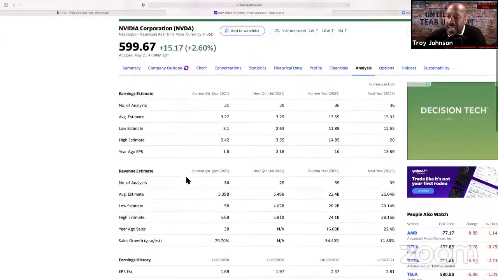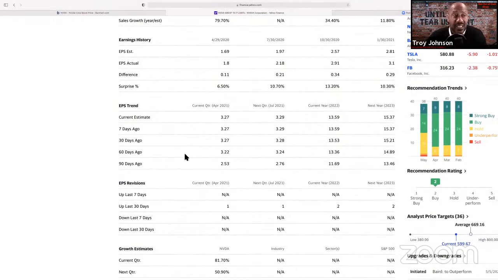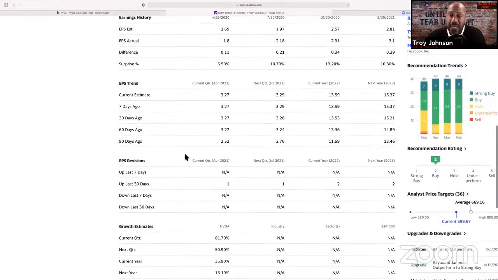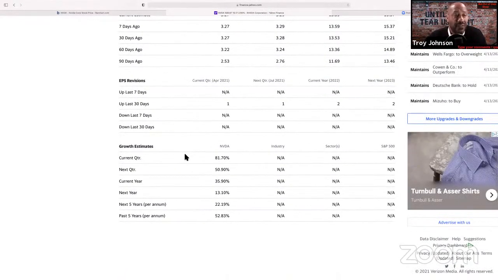Then you skip through all of this and go to the growth rate, because essentially we're comparing the future growth rate of the company to its PE ratio to know if we are multiplying way too much on top of the EPS and this price is too expensive for the future. So let's look at the projected growth rate of Nvidia for 5 years. You can see the current quarter.